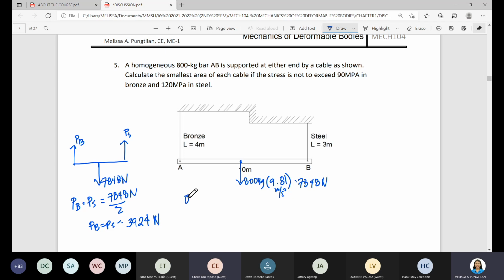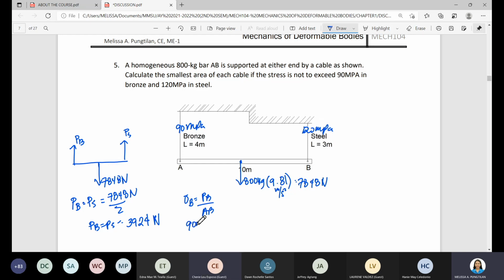So, masasolve na natin agad-agad yung stress at B. So, we have PB all over AB. Stress natin dito is 90 megapascal sa bronze. Dito naman sa steel, we have 120 megapascal.